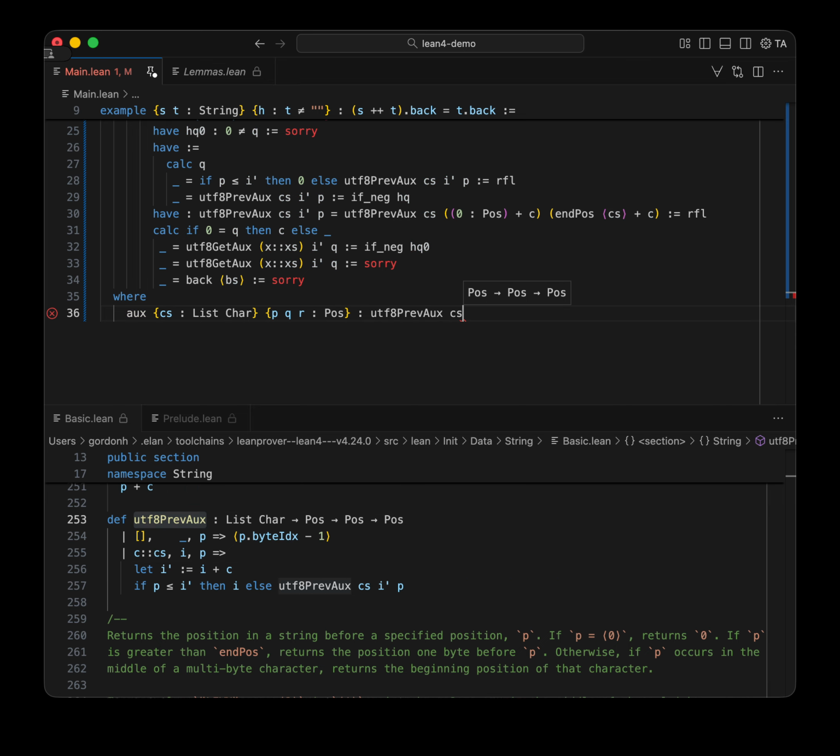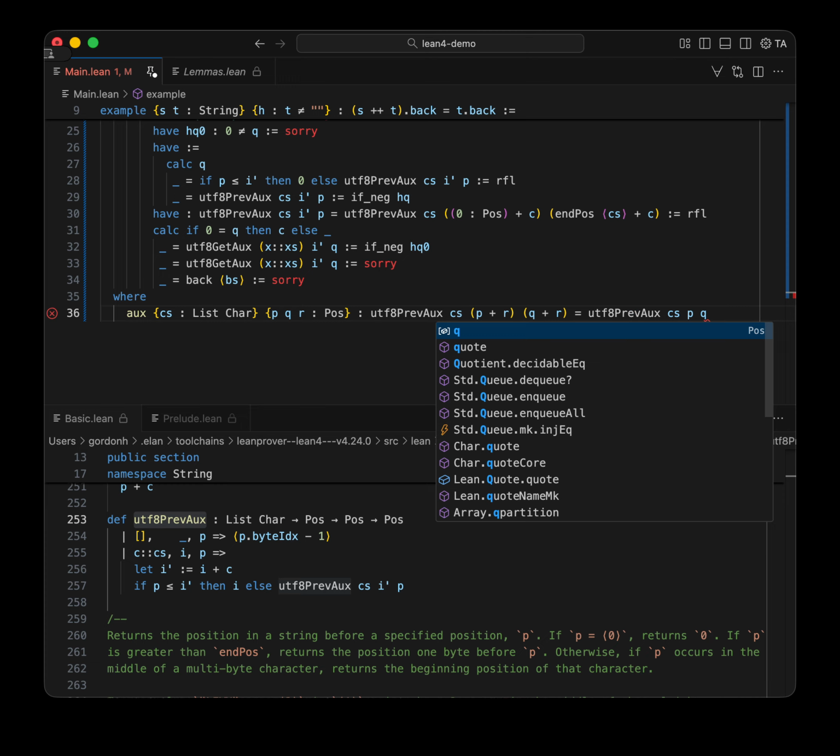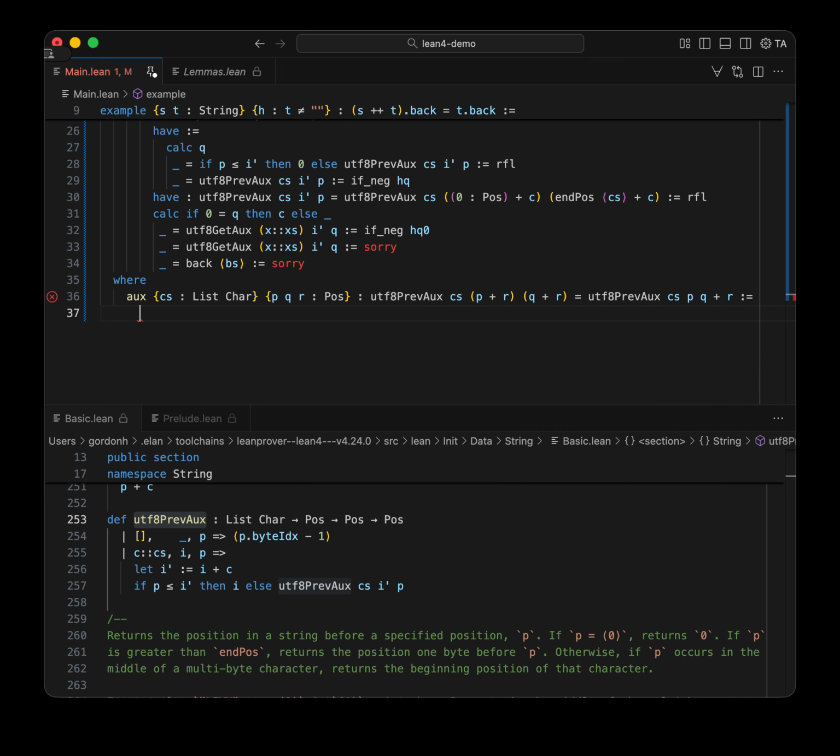You might want to show that this is the previous position plus R. Intuitively we might want to attempt this.